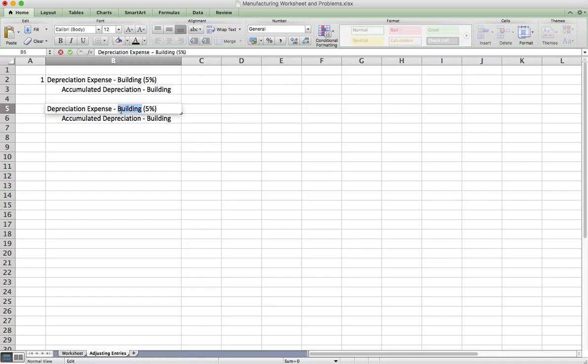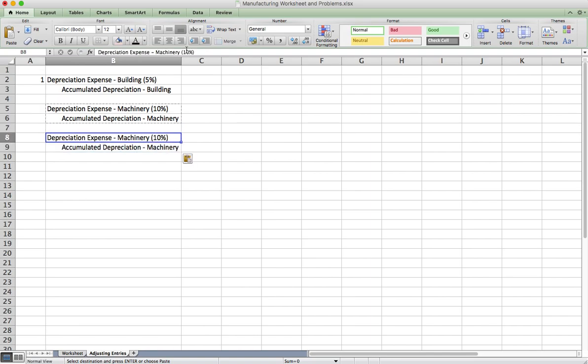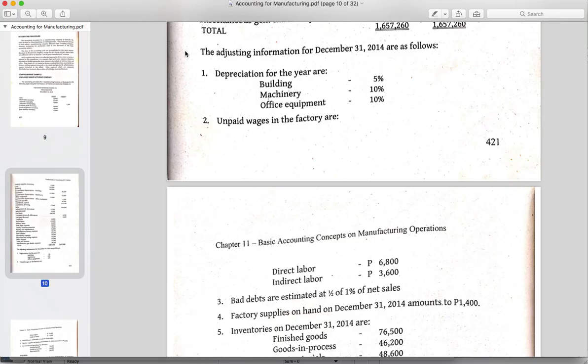So, edit ko lang dito. Gawin ko machinery. That is 10%. Machinery. And then, office equipment. Tama ba?